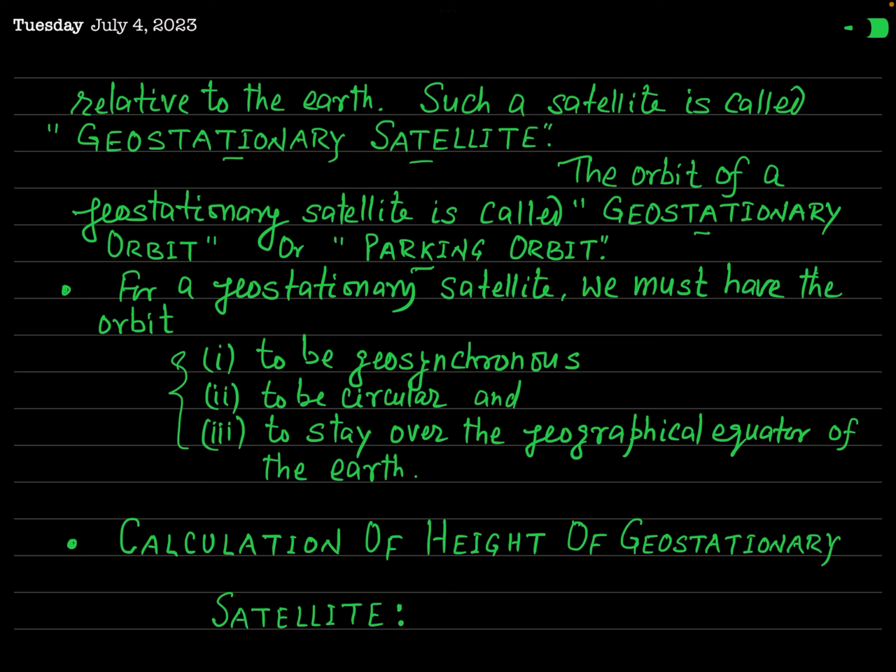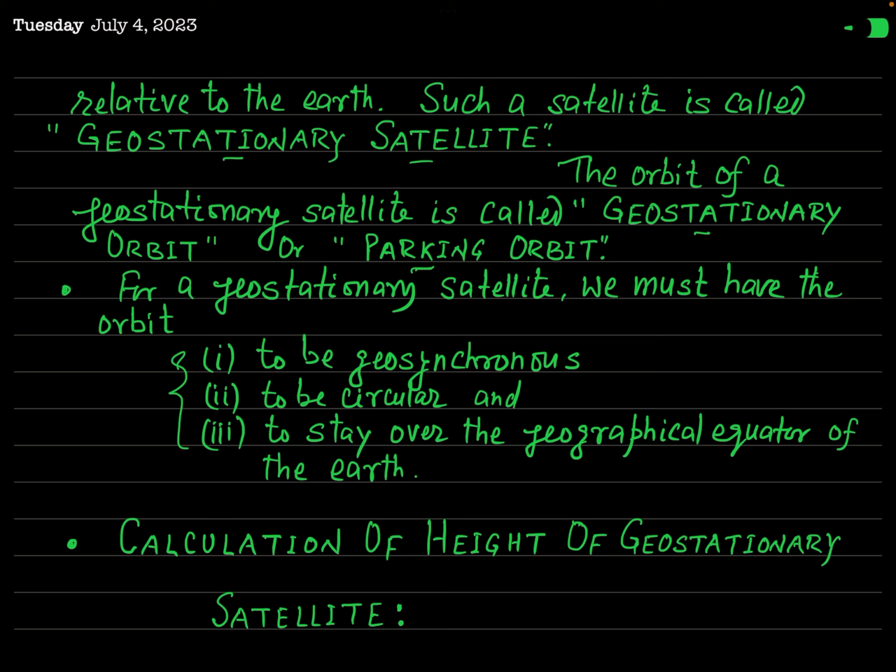The first one is that it must be geosynchronous. It means the orbit of the satellite must be a geosynchronous orbit, which means for such a satellite moving around the earth, the period of revolution of the satellite must be equal to the period of earth's rotation, which is almost equal to 24 hours.